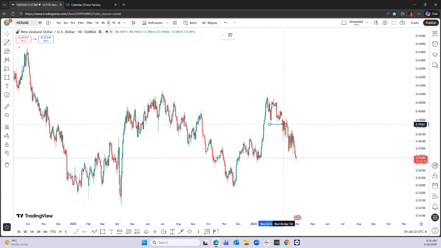So this particular point, what we are seeing here is first of all, the trajectory. Here we are looking at shift in market structure. So it tells us that this piece of price action is bearish, right? We are looking at a bearish condition, this piece of price action.